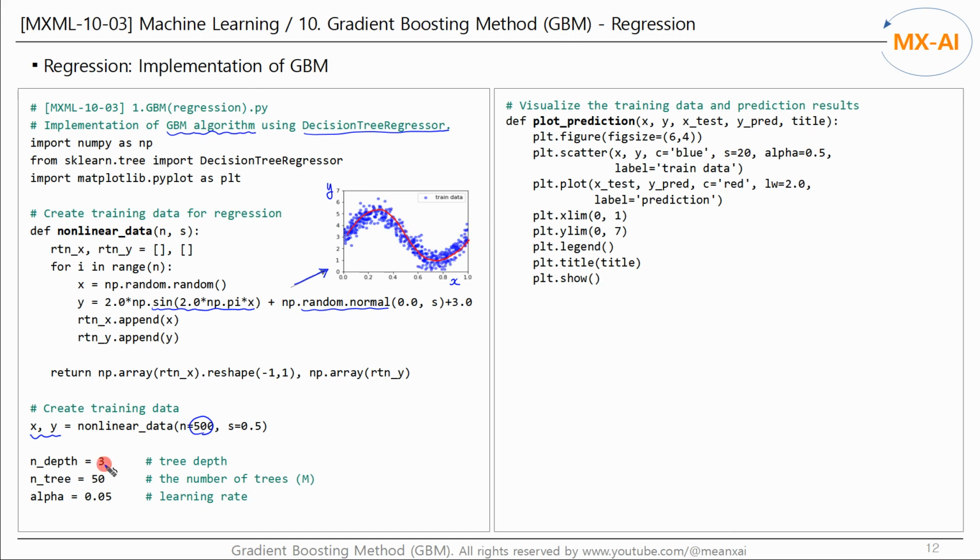The depth of each tree is set to 3. And the number of iterations, that is, the number of trees, is set to 50. And the learning rate is set to 0.05. We define the function to visualize the prediction results and check the results visually.